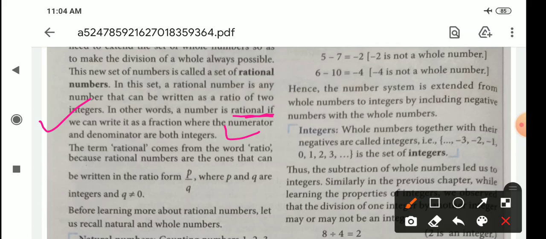The term rational comes from the word ratio, because rational numbers are the ones that can be written in the ratio form, that is p by q, where p and q are integers and q is not equal to 0.